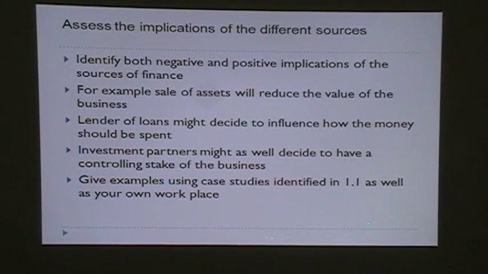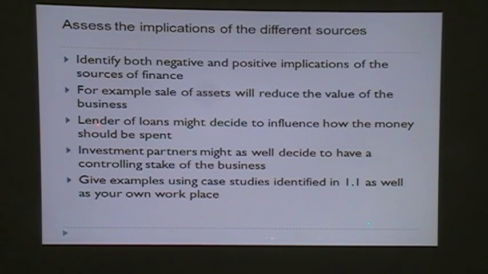For example, sale of an asset, we all know, will reduce the value of the business. This is a possible implication, and as well will affect the perception of the general public that this company is not doing well financially at the moment.